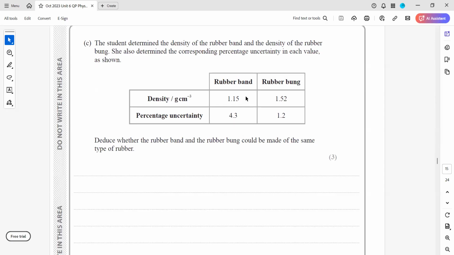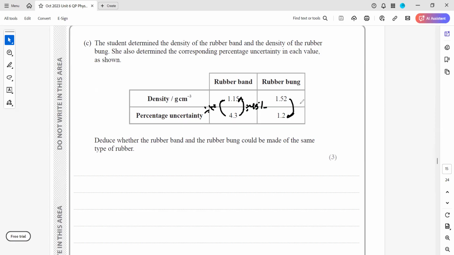The density is 1.15 and the percentage uncertainty is 4.3. So I can identify the maximum and the minimum value, and then I'll compare the range for overlapping. This is 4.3%, so either it will be plus 4.3% or minus 4.3%.